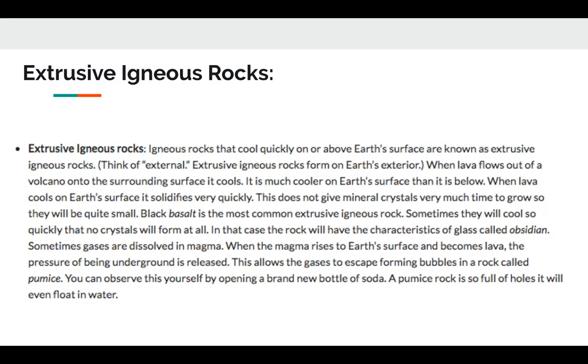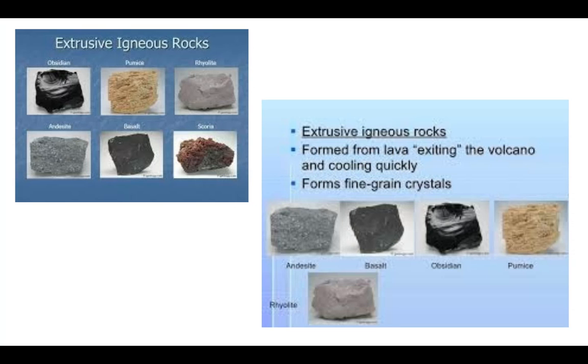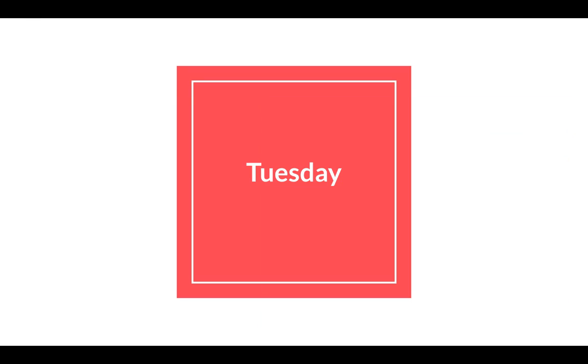With an extrusive igneous rock, the magma, which we've seen videos of from a volcano erupting, you can see how quickly the magma can cool on the outside of the earth. So because it happens so fast, they don't get those big pretty crystals like what we see in granite. You get something more like this where you get the obsidian or the pumice or the basalt, where it's not as pretty. It often has a lot of air bubbles because it cools so quickly. That's all I have for today.